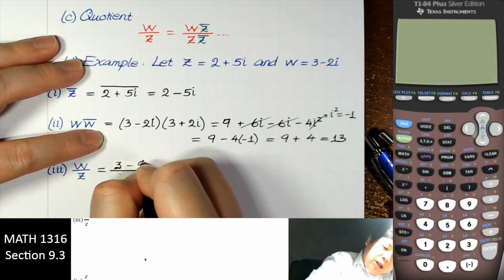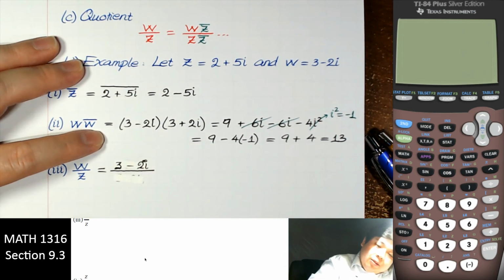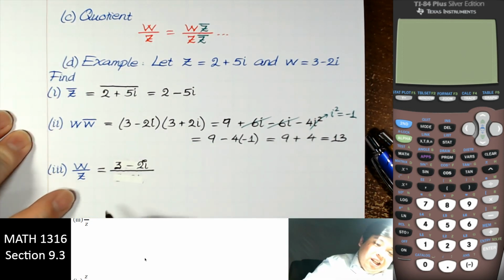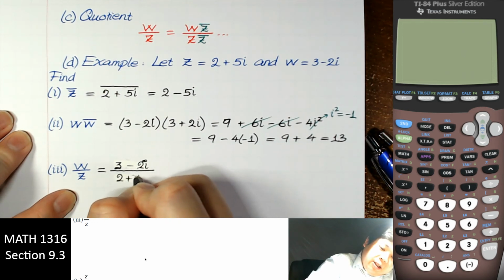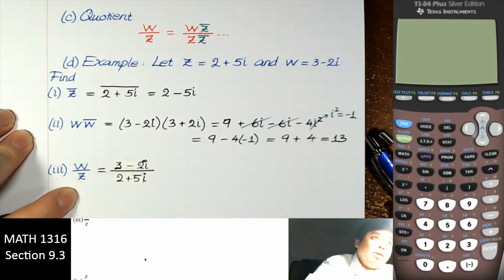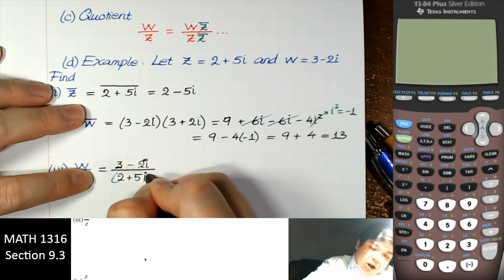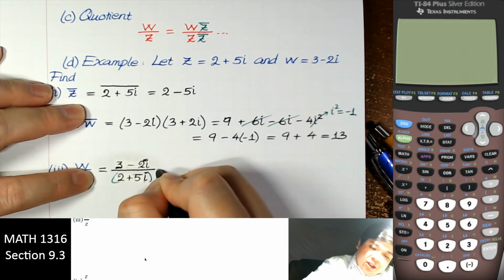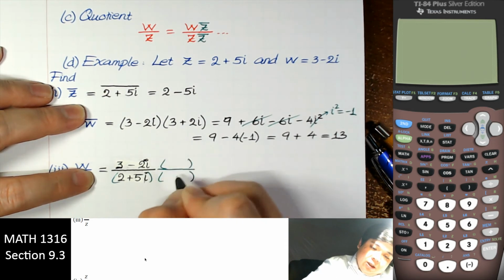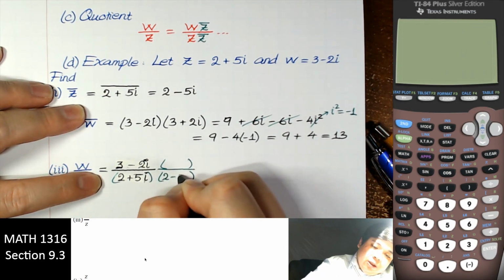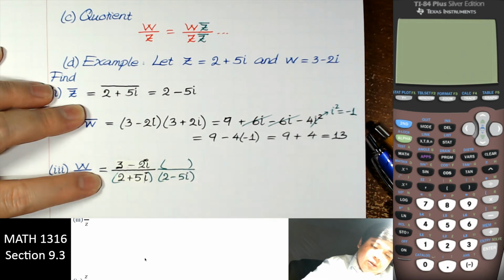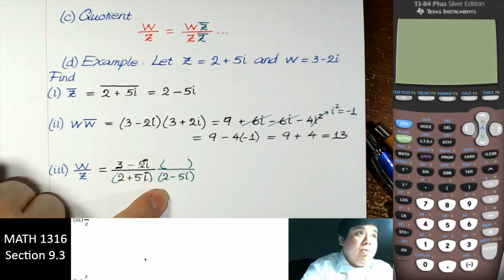Three minus 2i for W, and 2 plus 5i for Z. Right. So what we do is we multiply by the conjugate of the denominator.